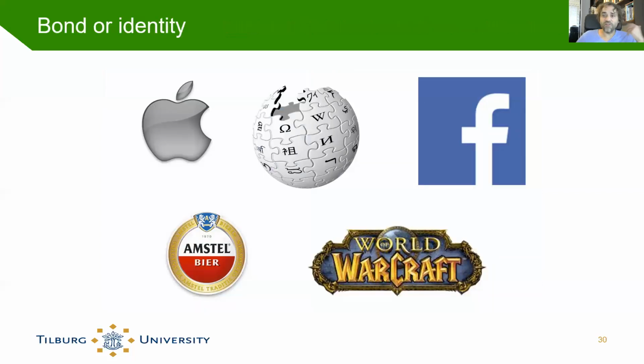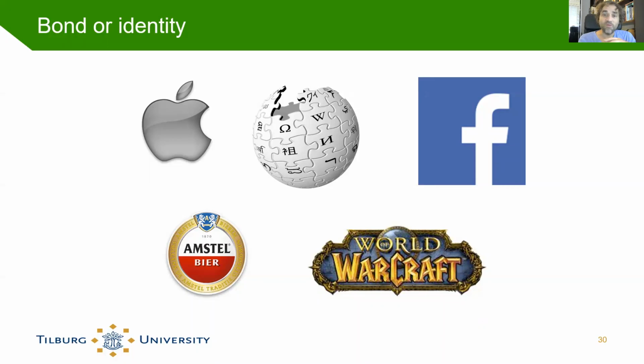So for example, I'm not going to discuss all of them, but Facebook is really bond-based. So the friends on Facebook are people you know. But maybe Amstel beer and Apple are more identity-based. So you don't know everyone who drinks Amstel, you don't know everyone who has an Apple computer, but you kind of feel part of the Apple community. So that's identity-based.